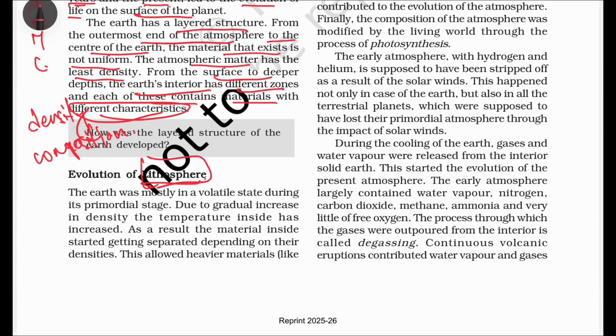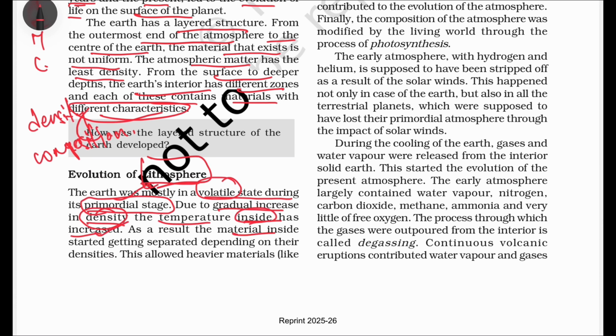So what is the lithosphere? The Earth was mostly in a volatile state during the primordial stage, that means in its initial stages. Due to the gradual increase in density, the temperature inside the earth also increased.